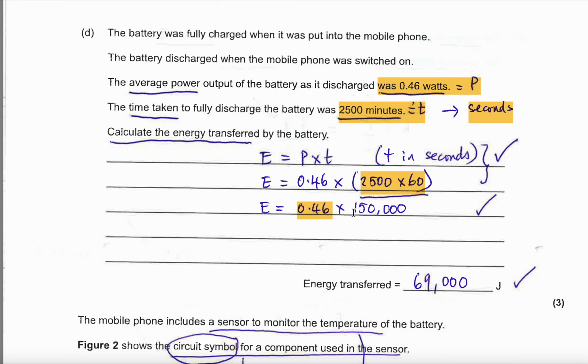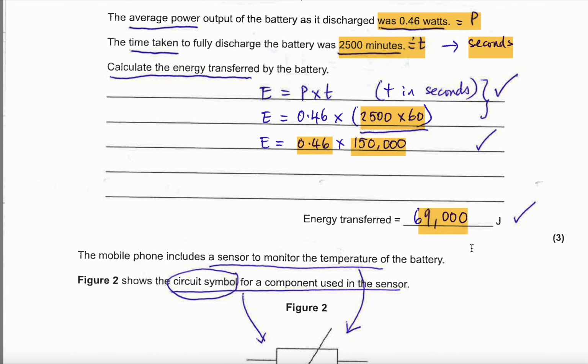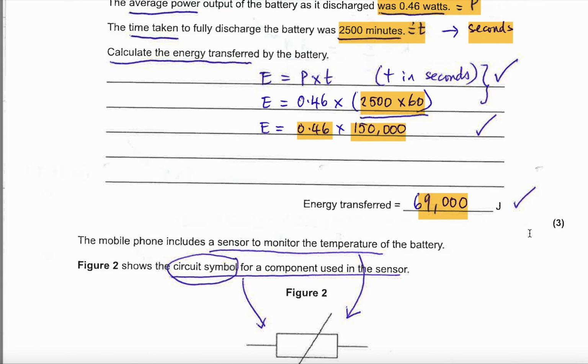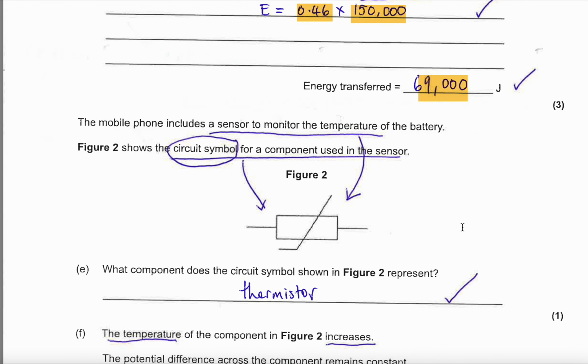But to get all 3 marks, you need to convert it, work it out in seconds, and multiply the power by the 150,000, which is 2,500 times 60, and the answer rounded would be around 69,000 joules. I think it automatically comes out to that on your calculator. So you get 3 marks: 1 for the seconds, 1 for multiplying the seconds by the power, and 1 for putting the right answer down in the answer box.